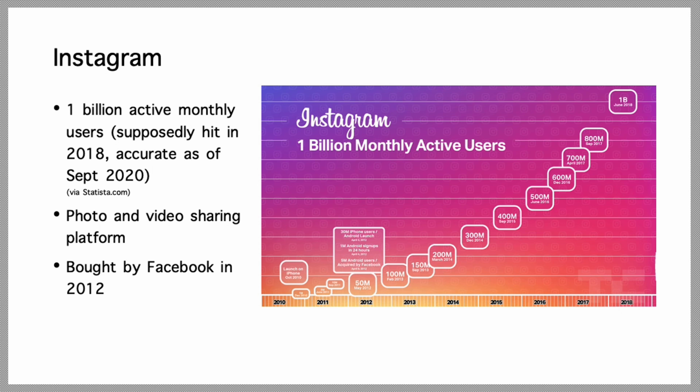There are a number of different features that you can use. There's also chat, video calling, and really all the modern features you would expect. But the very heart of it, from the beginning, was photo sharing, and at the beginning not even video. Another interesting thing is that it was bought by Facebook in 2012, so now it belongs to Facebook as well.